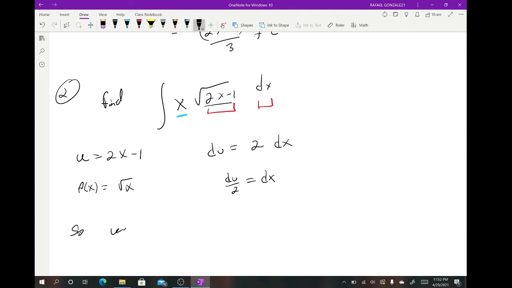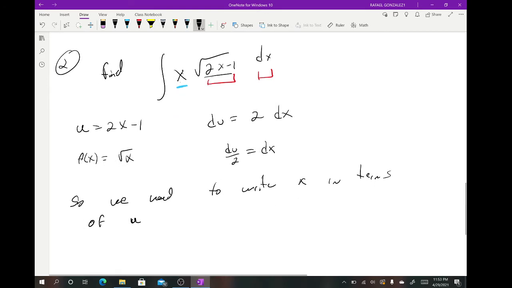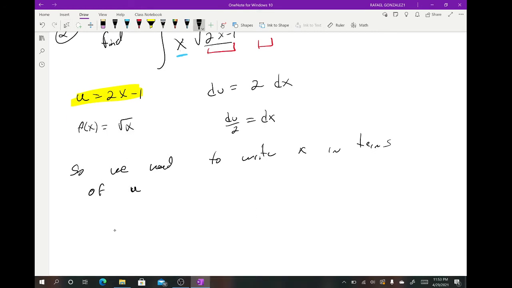So we need to write x in terms of u. And what we can do is focus on this equation right here. This equation says that u is equal to 2x minus 1.